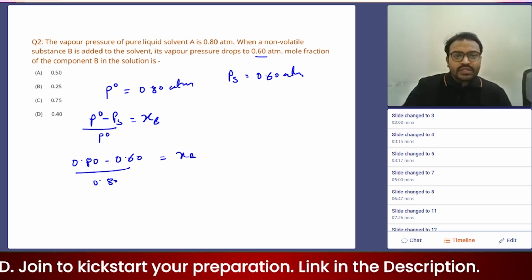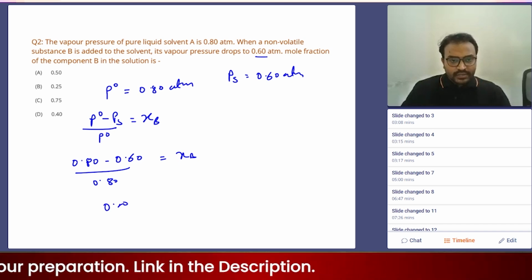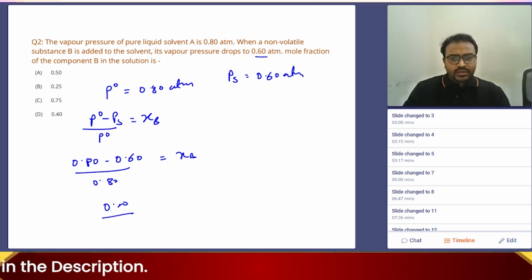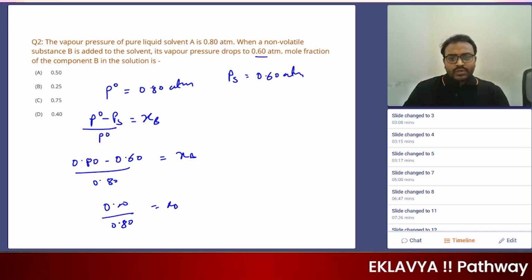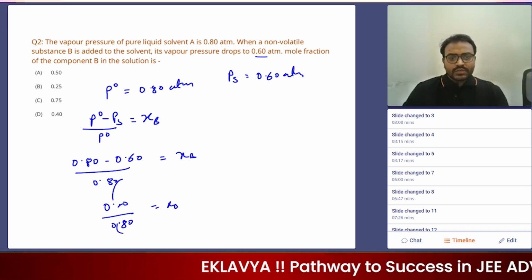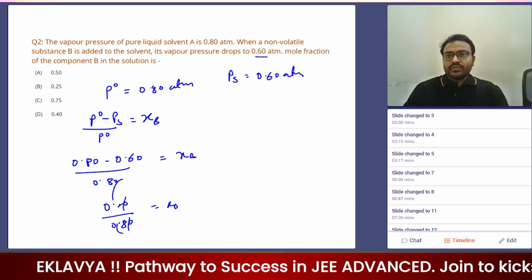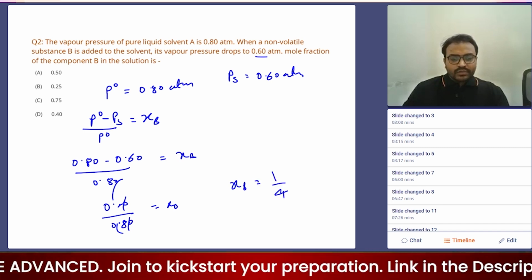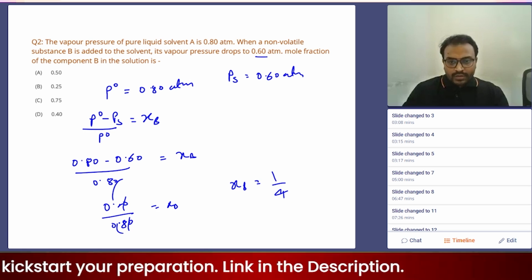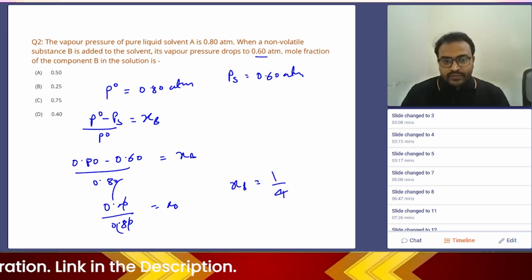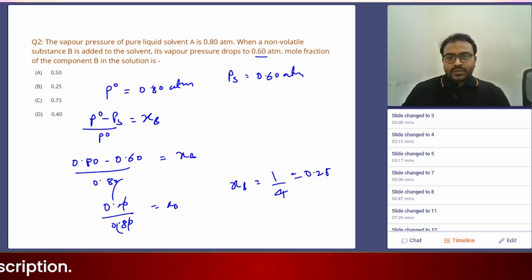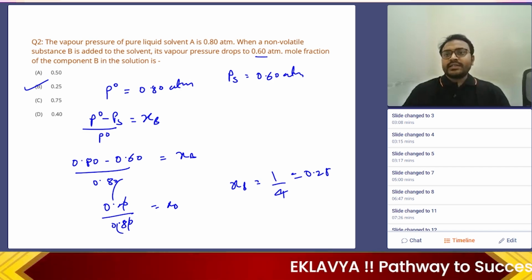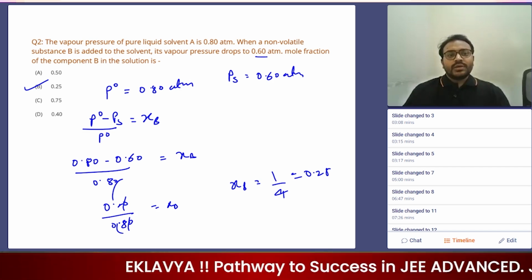After solving this, the value becomes 0.20 divided by 0.80 equal to mole fraction of solute. We can remove these points, right? It will cancel out. So mole fraction of solute will be equal to 1 by 4, and 1 by 4 is 0.25. So that's why the right answer we have is 0.25.